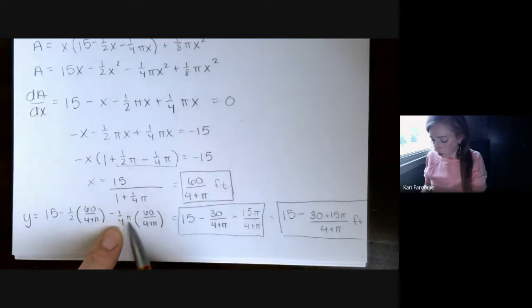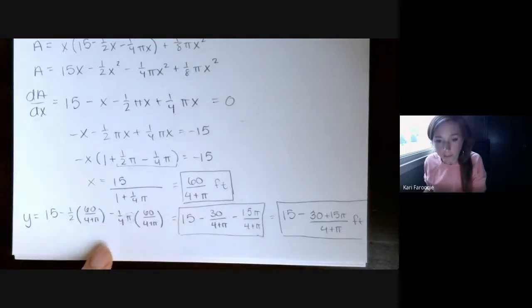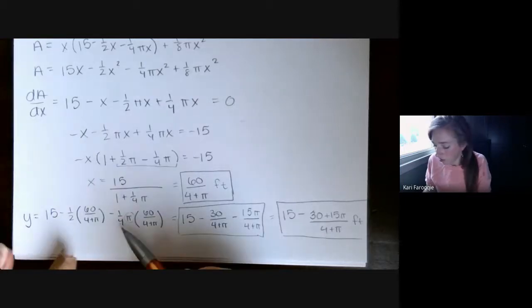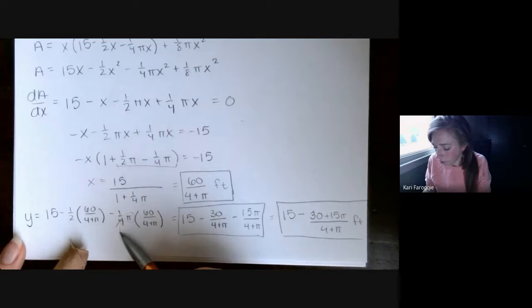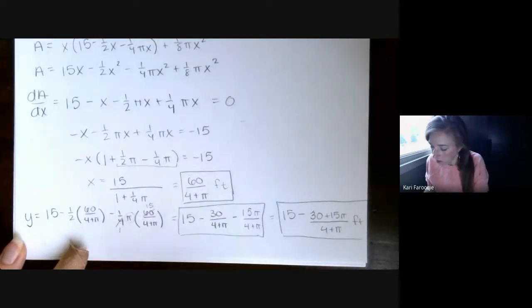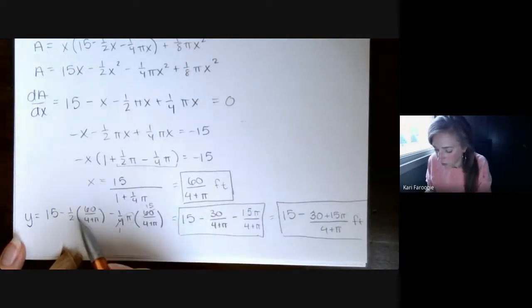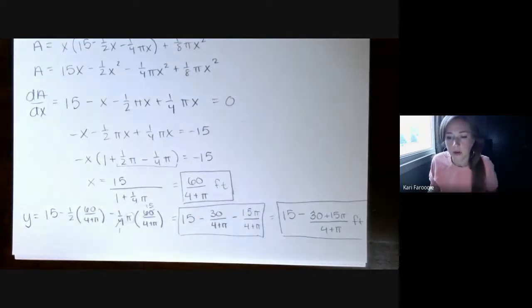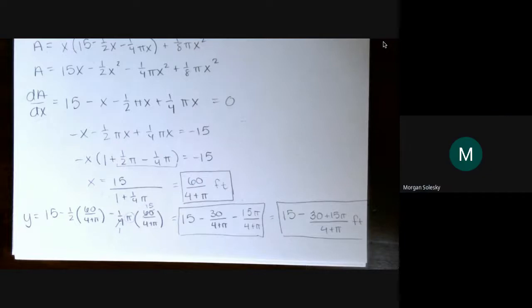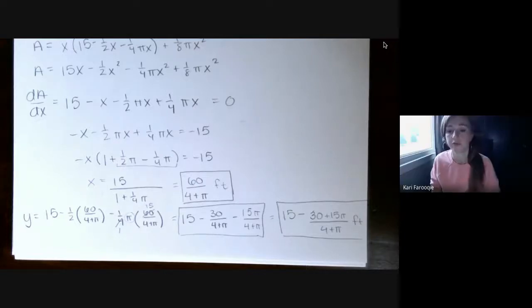And then I just kept the pi in the numerator. So I just canceled out here. 4 divided by 4 is 1. 60 divided by 4 is 15. And then the pi just carried over. And I did the same thing here just by dividing 60 by 2. Does that answer your question, Morgan? Yeah, thank you. You're welcome.